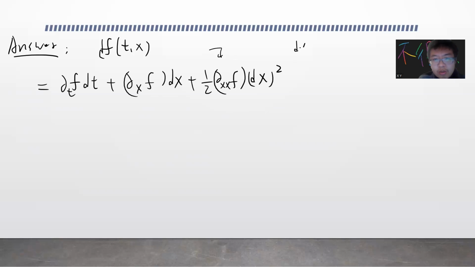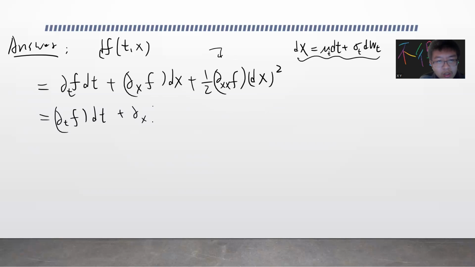And you also know that your dx is mu dt plus sigma dWt. Notice that in this notation mu and sigma can be functions of t. Some people will write this out, but I think this notation is so confusing, so I will not do this. So partial f partial t plus partial x f. You can view this as rule number 1.